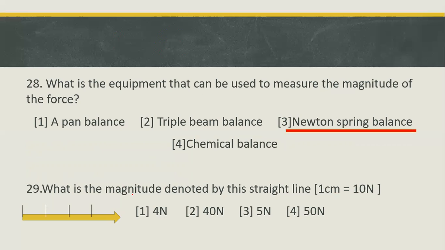What is the magnitude denoted by this straight line? 1 centimeter equals 10 Newton. Here I represent 1 centimeter. So this 1 centimeter represents 10 Newton.